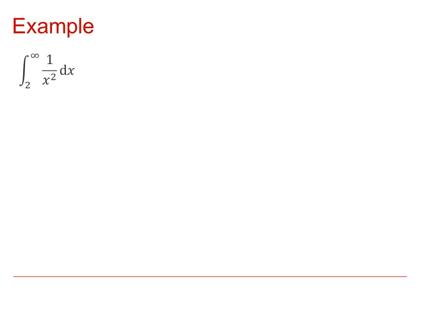Well, the method we use to find out what is happening is to replace infinity by some value, let's call it a, and evaluate the integral 1 over x squared dx from 2 up to a, but then look at the limit of that as a approaches infinity.